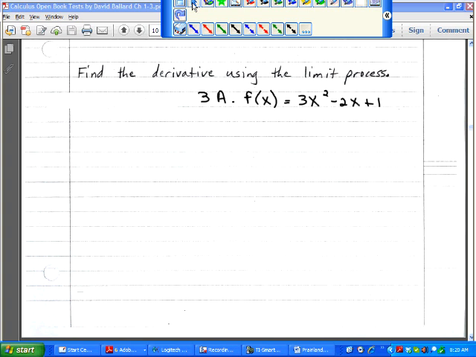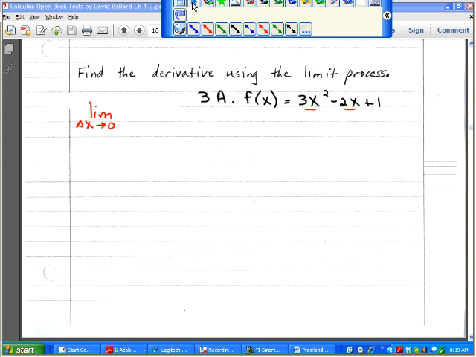Okay, so we're going to have the limit as delta x approaches 0 of, we want to find the f of x plus delta x. So where the x is, we would replace it with x plus delta x.